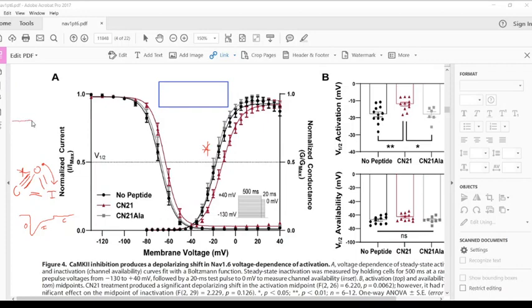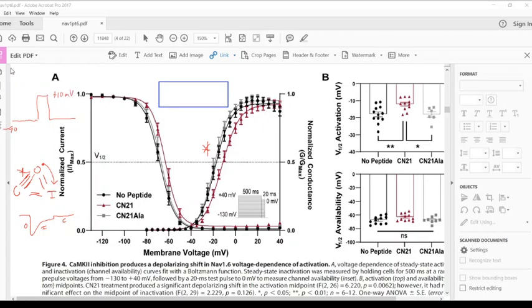Right, so start at a low voltage, minus 90. Then you do a step to some sort of positive voltage, and then back down again. So only one step here. And so this is going to be about +10, where you know all the sodium channels are going to be open.